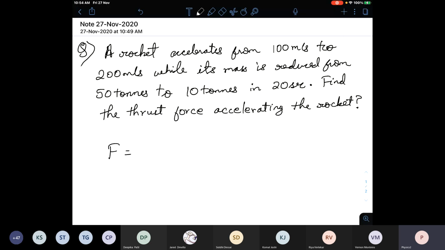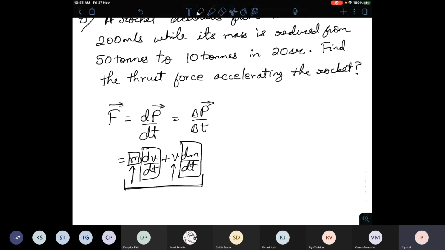So remember, this formula which we have derived is used for calculating instantaneous values. If you have been given the function of mass with respect to time and the function of velocity with respect to time, then use this formula.